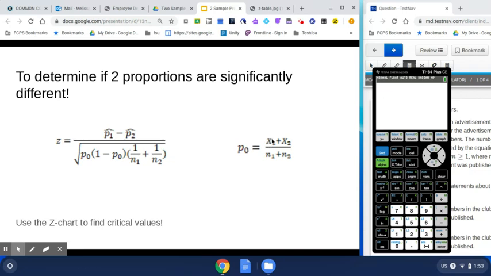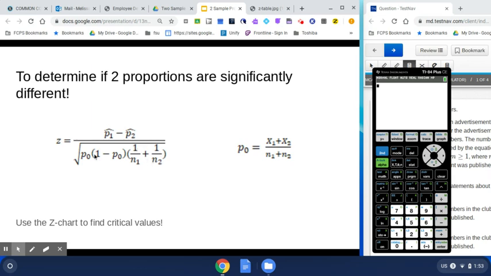So we're going to add x1 plus x2, or the number of successes from each sample together, and then divide by the total sampled. So the first sample plus the second sample, again, combined together to give us the total sampled in both. Then we multiply that proportion by 1 over n1 plus 1 over n2.